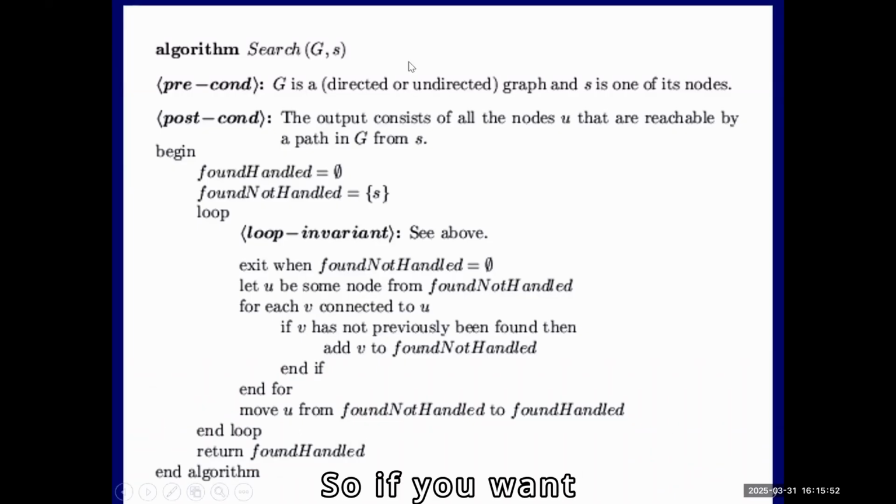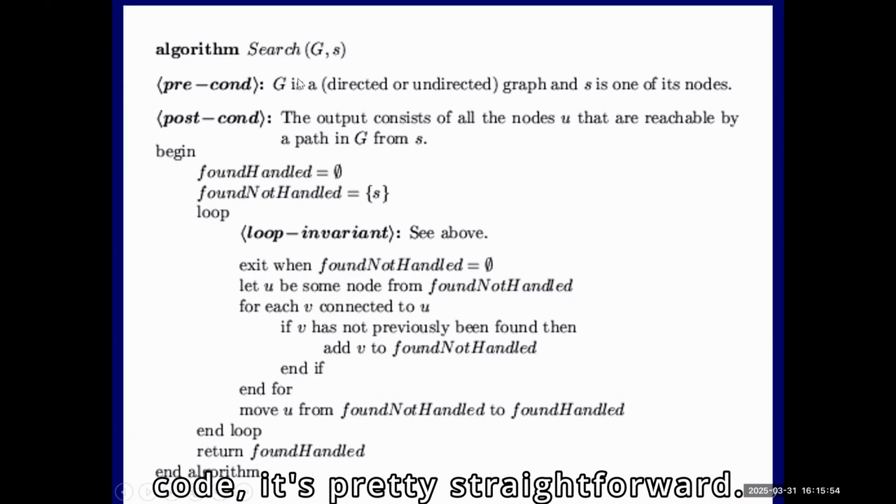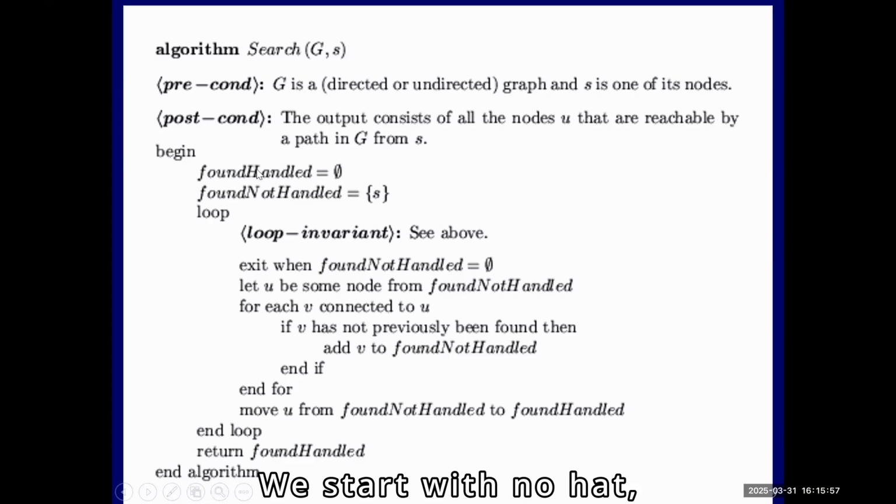So if you want code, it's pretty straightforward. We start with no handled nodes: the set of nodes that have been handled is empty, and the set of nodes that are found and not handled is just S. Then we exit when there are no nodes that are found and not handled.